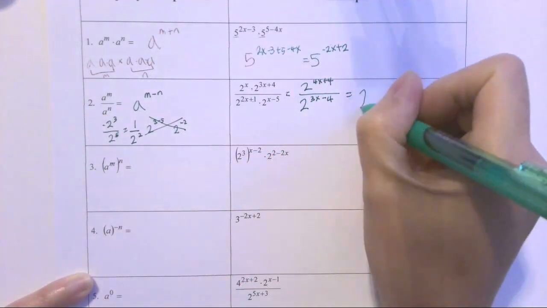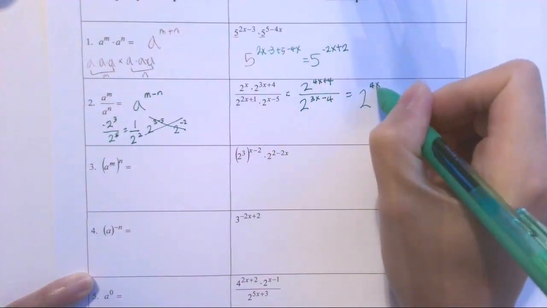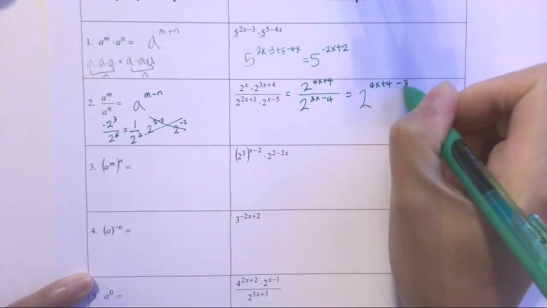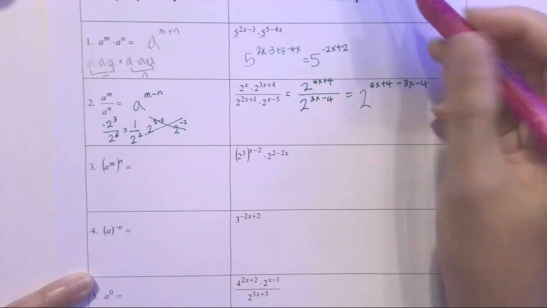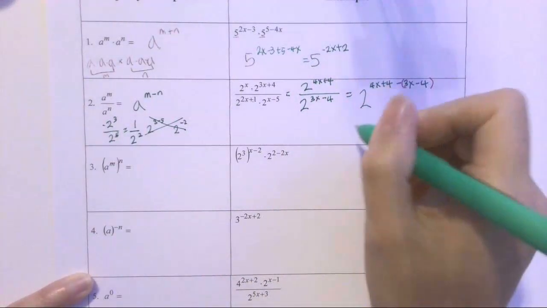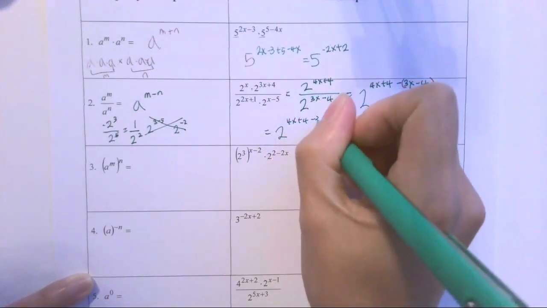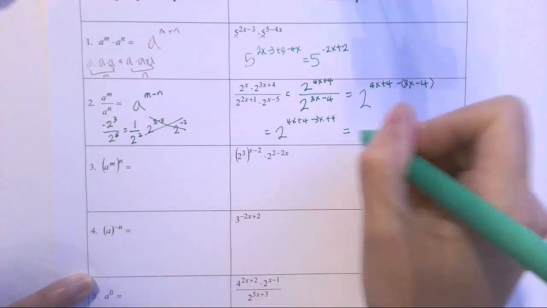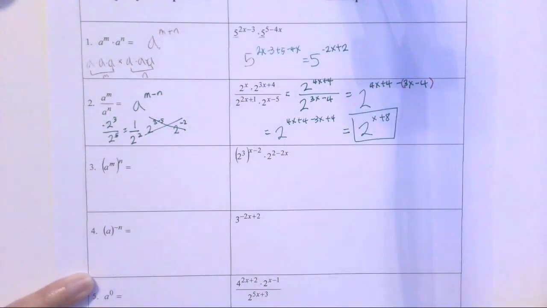So I'm just going to go ahead and do 2 raised to the, subtract those. So 4x plus 4 minus 3x minus 4. I'm subtracting my exponent. Please remember that you have to put the parentheses over there. If not, you're going to make a mistake. I guarantee you. So 4x plus 4 minus 3x plus 4. Combine the like terms, 2 raised to the x plus 8 power is my answer.